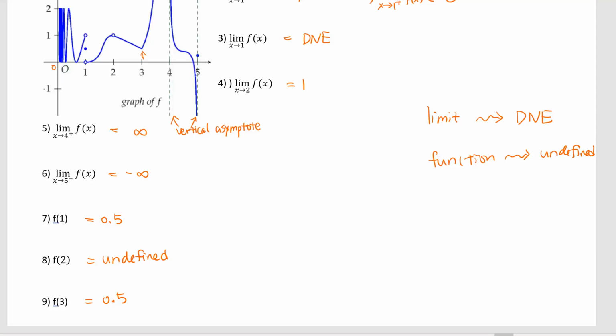But it's okay, because we don't need a solid dot. This piece is connected, continuous at that point. It's not smooth, but it's connected. So that point is not missing. As long as the piece is connected and it's not an open circle, the point is not missing. It's right there. Okay, so f of 3 is 0.5.